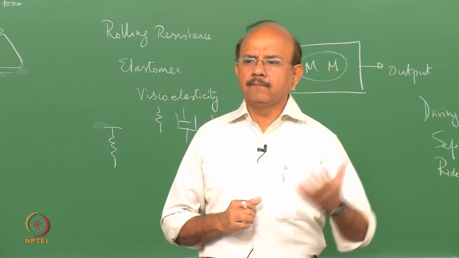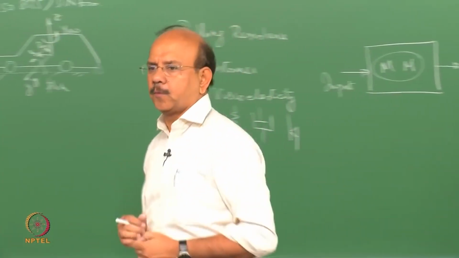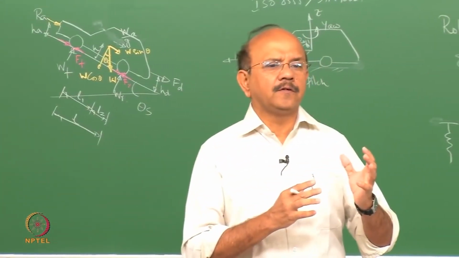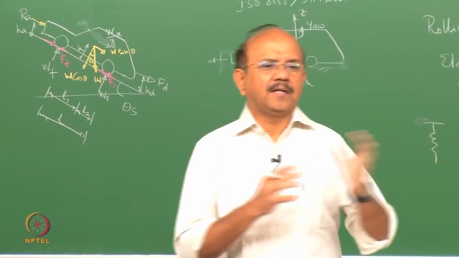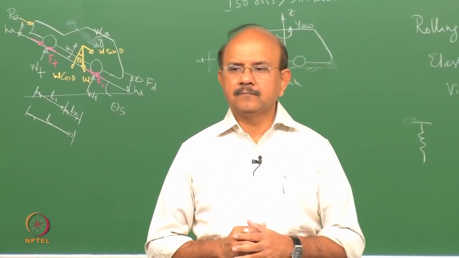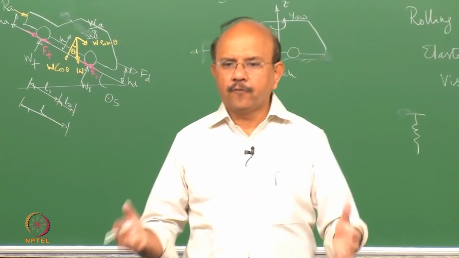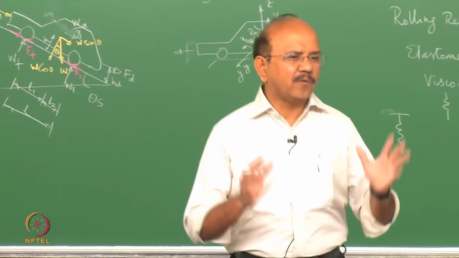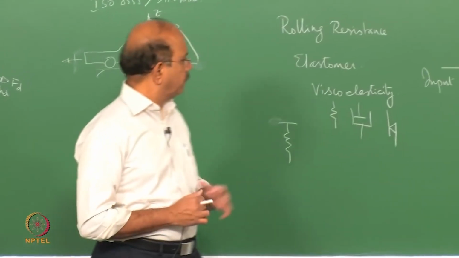A linear spring where the force is proportional to the displacement with the stiffness K can be looked at as if it is the material, and K is something like E. So, when I leave the force, the spring comes back to its original position, and that is what we loosely call as elastic.